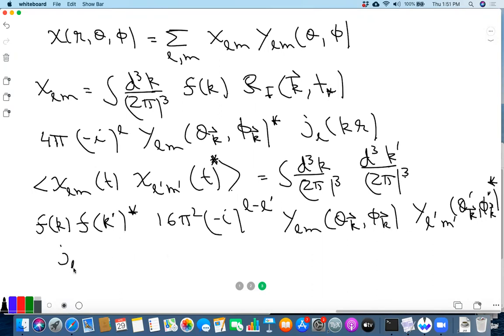Then JL kr, JL prime k prime r. JL is real.